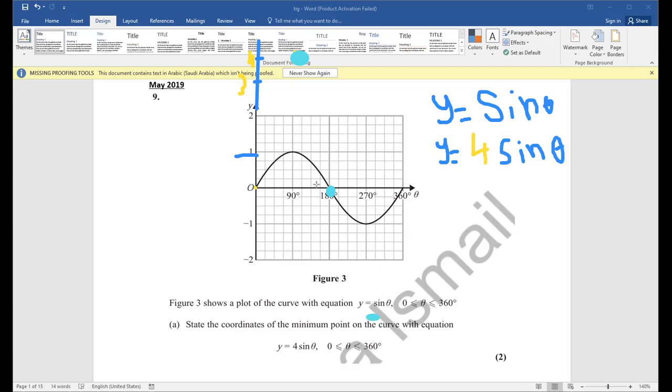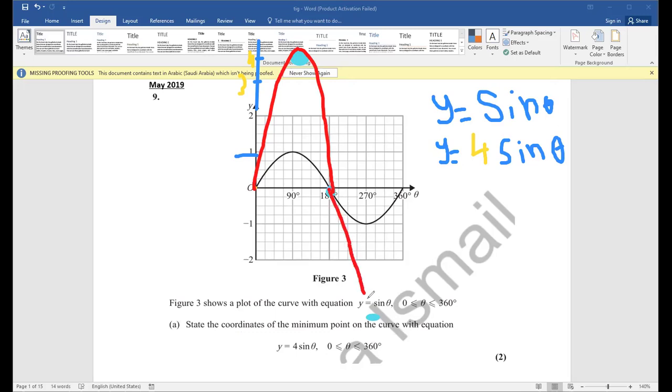So the graph will be like a simple curve like this, and that is the maximum point, and he actually needed the minimum point. So it will be 270 and -4. So this is a new one. He needed us to draw it as a curve.